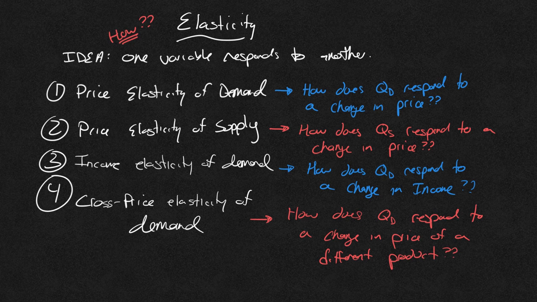This is key. It's the change in price of a different product. So a lot of times this is talking about what we call related goods. So those are the 4 different types of elasticity that are presented in an introductory class.